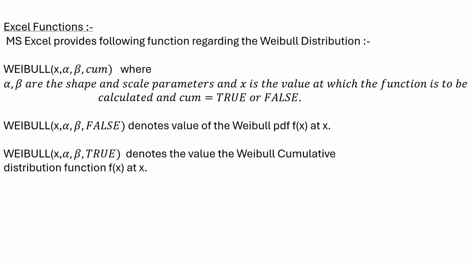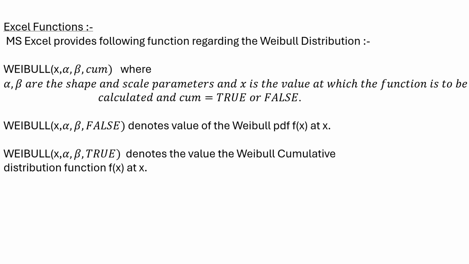Weibull in brackets x, alpha, beta, cumulative, where alpha and beta are the shape and the scale parameters, x is the value at which the function is to be calculated, and cum, that is cumulative, denotes true or false. In case cumulative is false, this function will calculate the value of the Weibull probability distribution function, that is PDF f of x at x.